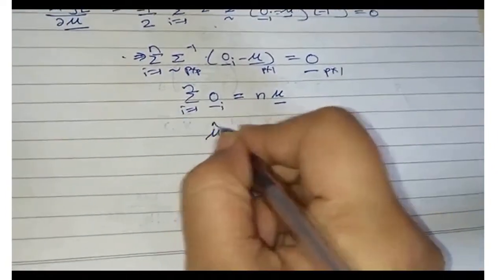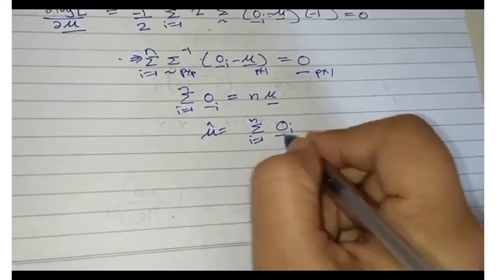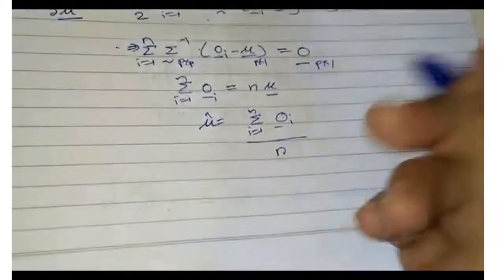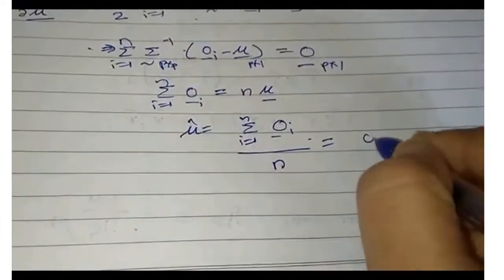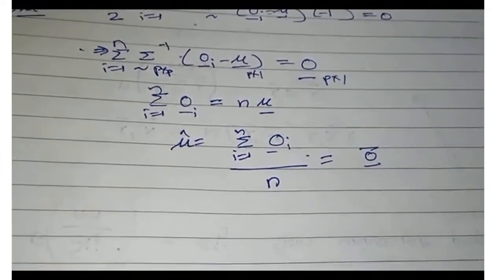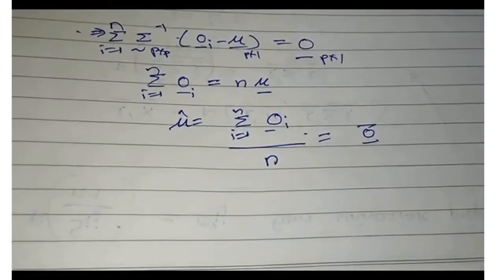Hence my mu hat turns out to be summation i going from 1 to n of o_i upon n. So my maximum likelihood estimate for mu turns out to be nothing but the sample mean, o bar. So the MLE for the mean is just the sample mean.